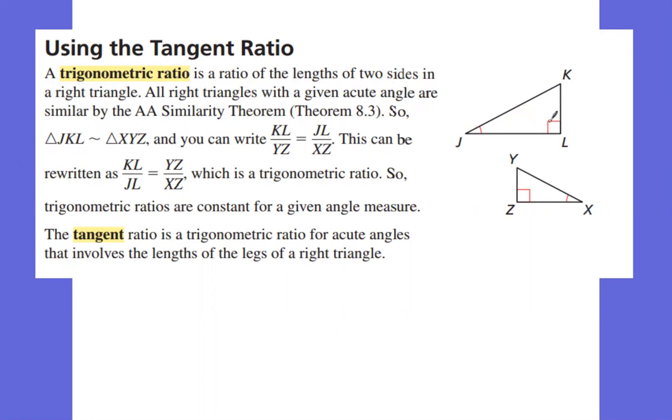Notice that I have right angles in both of those triangles, and I have angle J congruent to angle X. And you can write KL over YZ, a ratio of this to this, is equal to JL over XZ. This could be rewritten as KL over JL equals YZ over XZ.